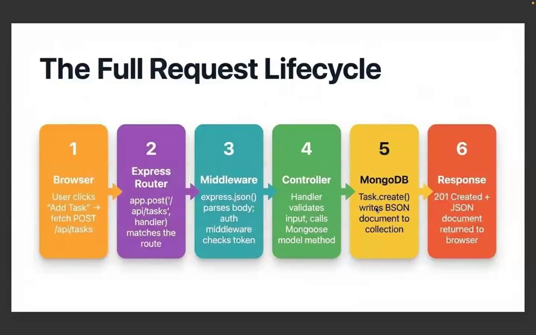So it will write this JSON document into the MongoDB collection, and then respond to the client with 201 Created, if it is created successfully. So this is the request life cycle.